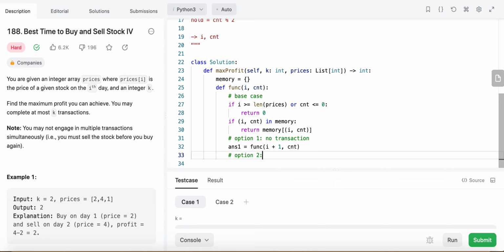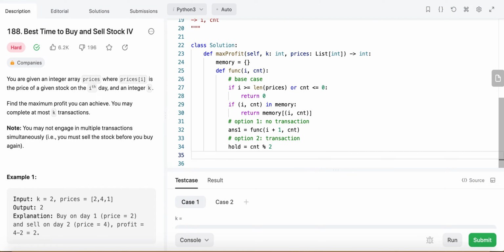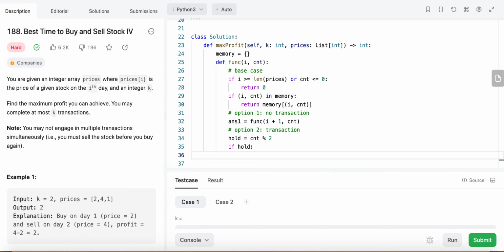And then option 2, transaction. In that case, you first get the hold status to check whether or not you have a stock. That can be inferred from the count. If you hold a stock, then you can sell it. The profit is, when you sell the stock, you gain prices[i], the amount of money you gain by selling this stock, plus the profit you get from the next day.